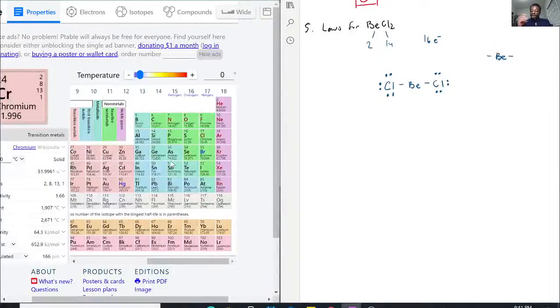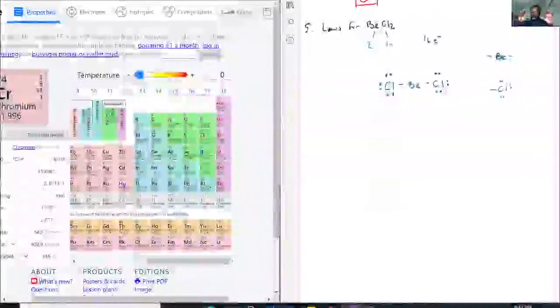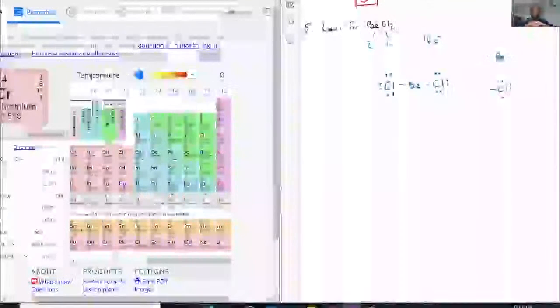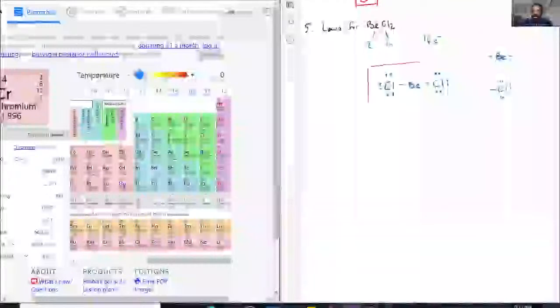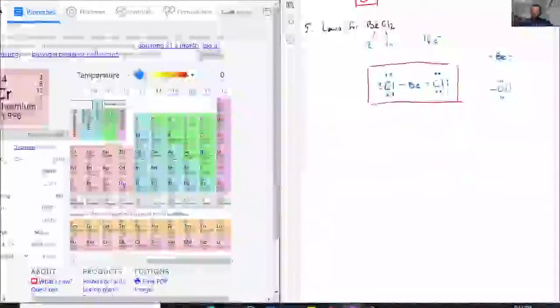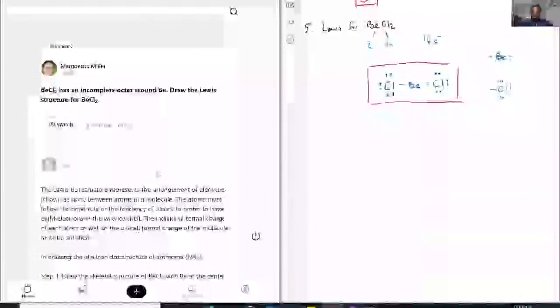Chlorine, on the other hand, would like to have 3 lone pairs and 1 bond. Based on this, and based on the pictures I've drawn, everything here is actually going to have a formal charge of 0. So with all that being said, this is the most stable Lewis structure I can think of for beryllium chloride. Okay, and let's see how our colleague did in regards to this question.